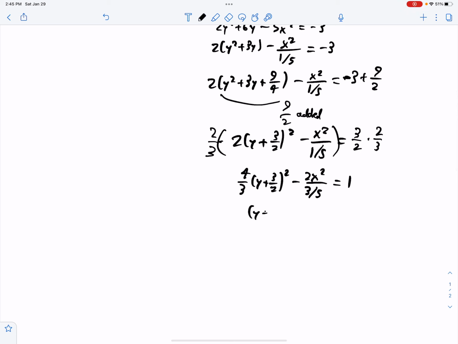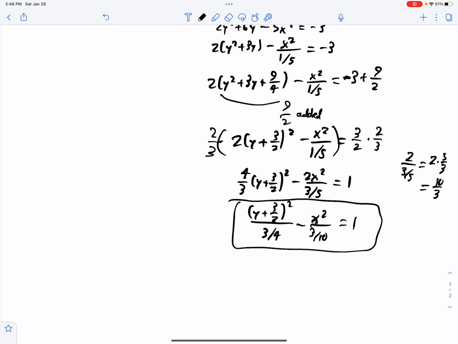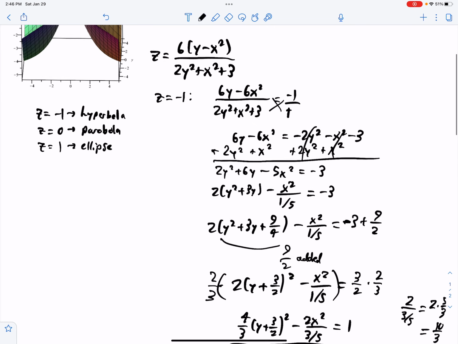And this will be the quantity y plus 3 halves squared over 3/4 minus x squared. Let's see, when you multiply by 2, you divide by 1/2. 2 over 3/5 is 2 times 5/3, which is 10/3. And then you put a reciprocal of that, a 3/10 on the bottom, equals 1. So formally, here's the hyperbola at the trace z equals -1.